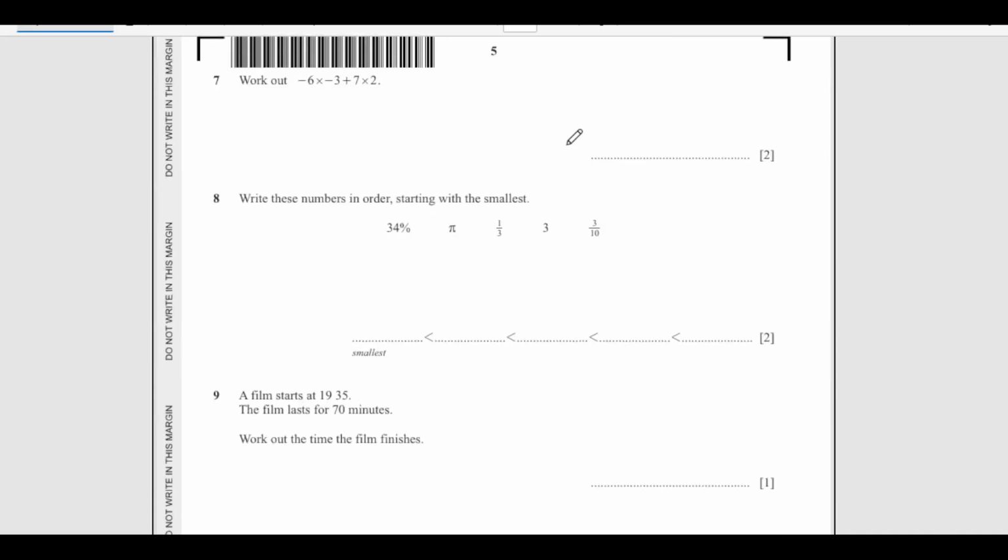Now number 7, we need to work this out. We will use the BODMAS rule here. It is a 2 marks question, right? We don't have brackets, and we don't have division, so we will do multiplication.